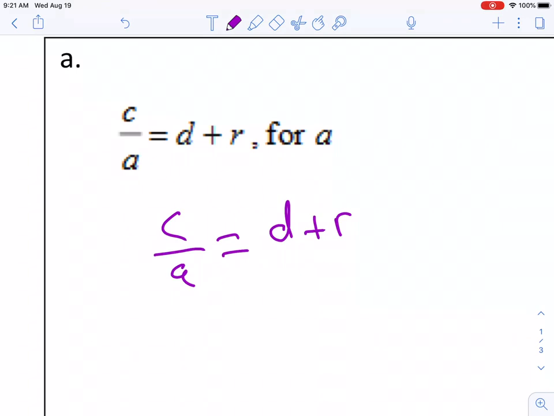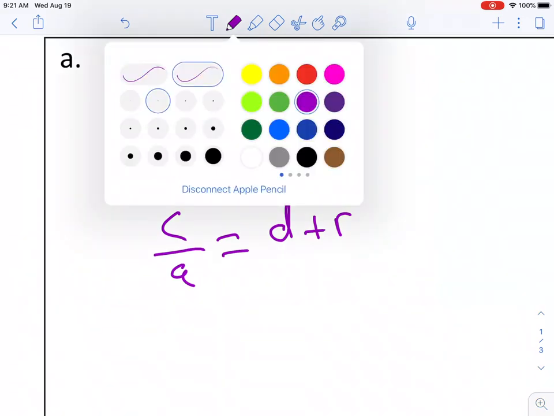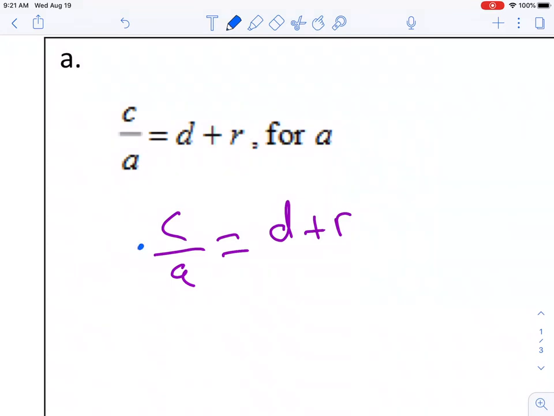I need to get a by itself. It's in the denominator. So here's what I need to do. I need to multiply a to both sides. So these a's cancel out, and I have c by itself equals, and there are several ways we could approach this.